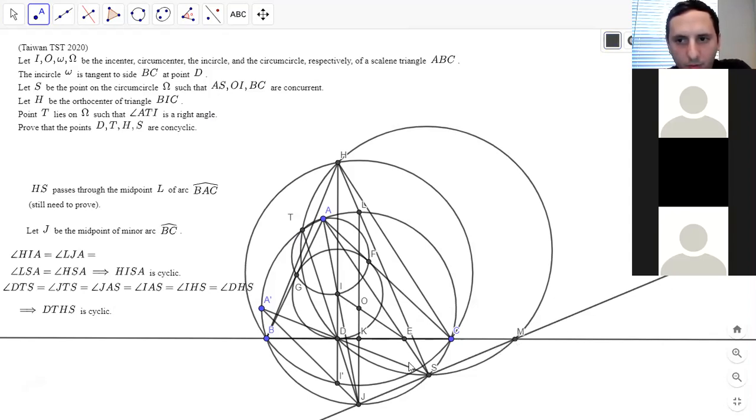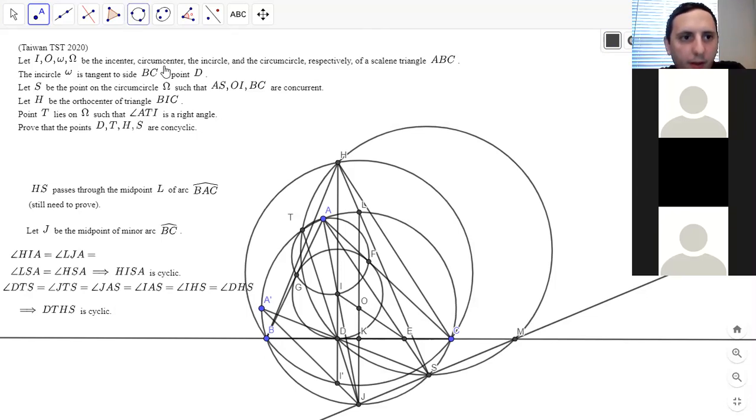And so, if you projected through point S, L, B, J, and C, you would get B, C, E, and M. Actually, because both angles LKC and LCM are 90 degrees, LKSM is concyclic.